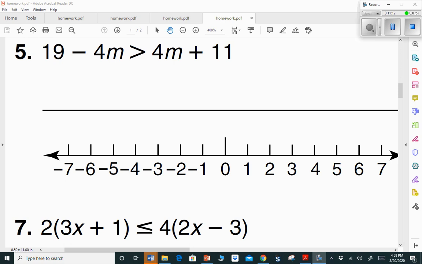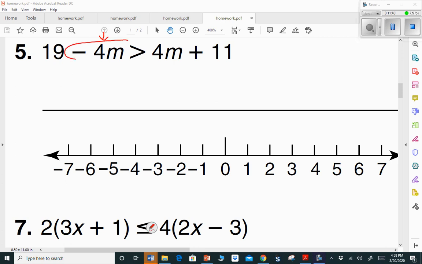Copy number 5 down. 19 minus 4m is greater than 4m plus 11. Okay, let's go ahead and get all of our m's on one side. It doesn't matter which side you get rid of. I'm going to choose to get rid of the m's on this side because I want to show you something.